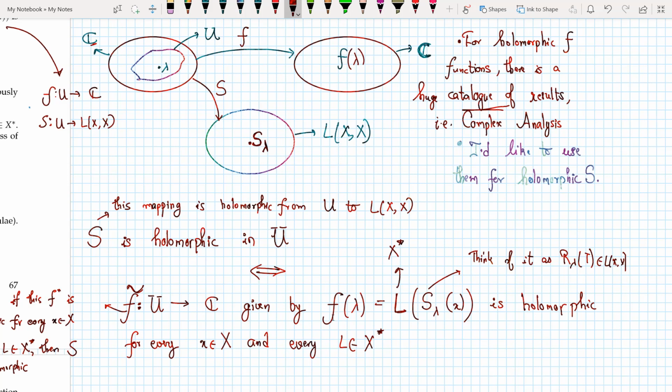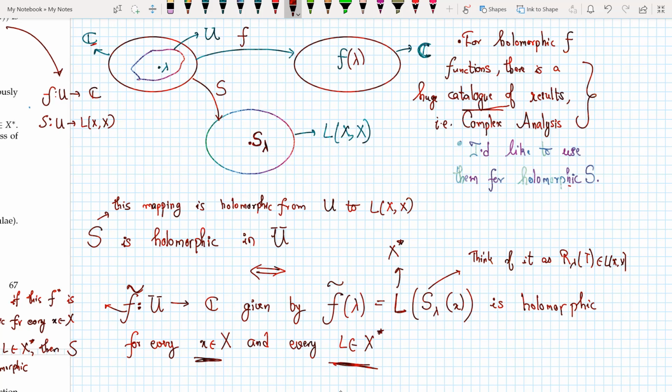And the reason I want to do it is, if I can prove that this S is indeed holomorphic, then I can use that huge catalog of results that I had for complex analysis and apply it here. See? So what shall we do? This theorem essentially tells me that S is holomorphic in U if and only if f tilde from U to C given by f tilde of lambda equals L(S(lambda)x) is holomorphic for every x belonging to X and for every L belonging to X star.